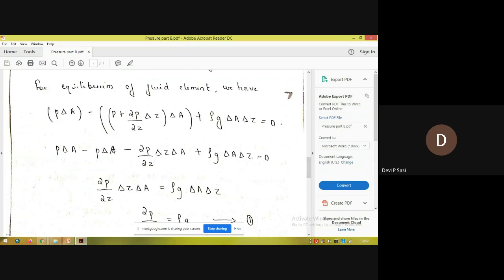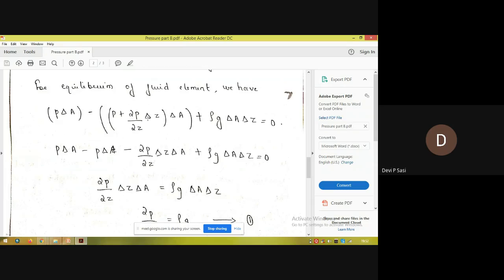Since we are considering downward force as positive, the upward force will be negative. So the first and third terms remain positive and the second term remains negative, because we have to consider the direction of force. On face AB, the force is acting downward, while on face CD, the force is acting upward.